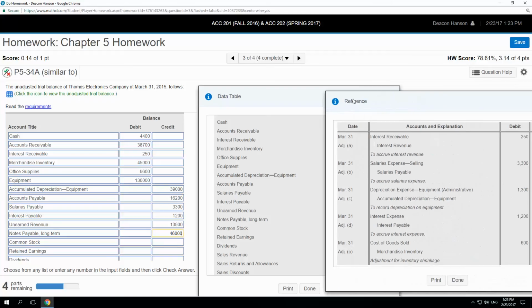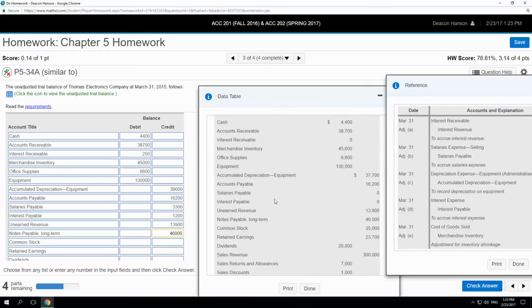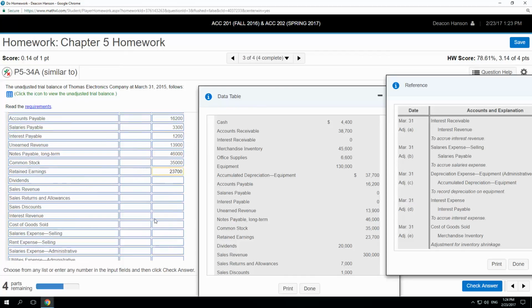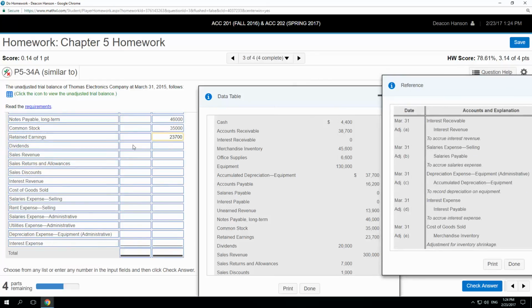Common stock, no adjusting entries made to common stock, so I can pull the common stock balance over, 35,000. Retained earnings, nothing was done to retained earnings, 23,700. Dividends, no entry to dividends, so 20,000.